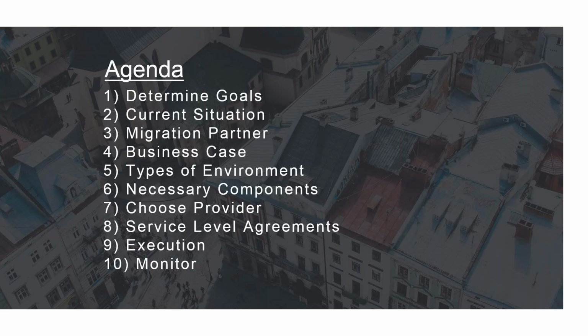And then number 8, one of the most important, your service level agreements, what you should be attentive to when reviewing your SLA. Then 9, the execution, the final phase of deploying. And then 10, the monitoring, basically what tools are an important factor in your cloud environment. And then we'll just finish up with some closing comments.